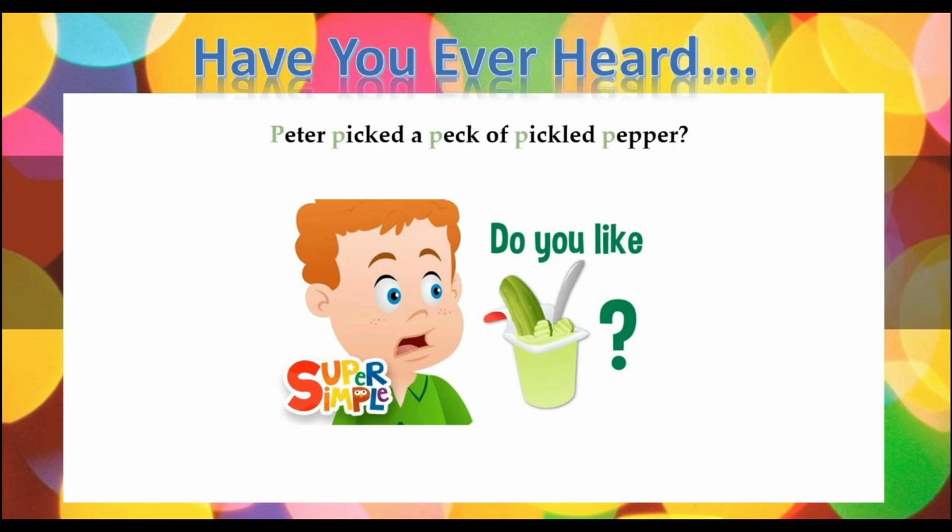Again, I have the repetition, but this time it's the sound P. I have it first in Peter, then in picked, then in peck, then in pickled, and then in pepper. So the sound P was repeated 1, 2, 3, 4, 5 times in this sentence.